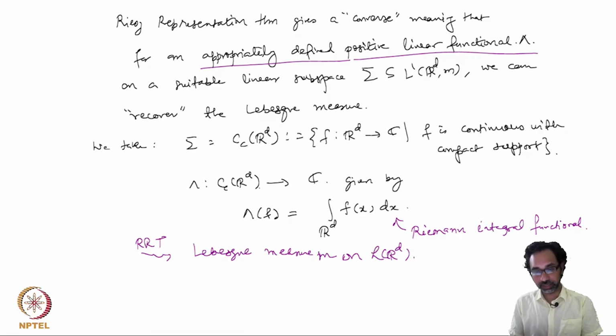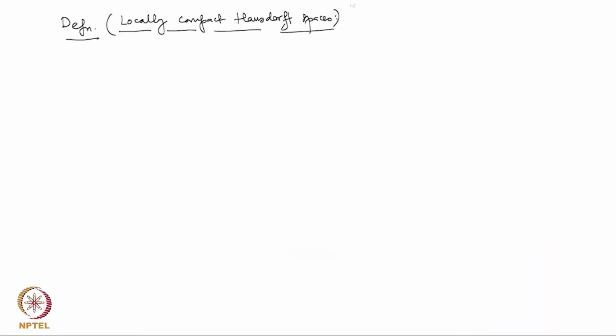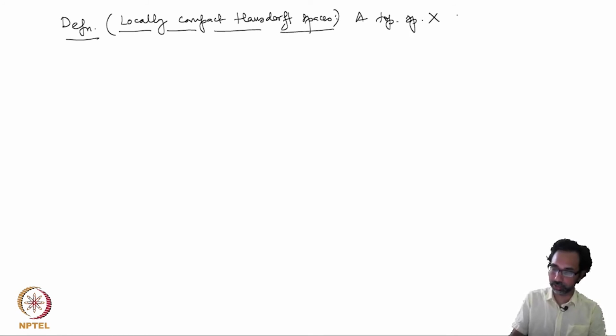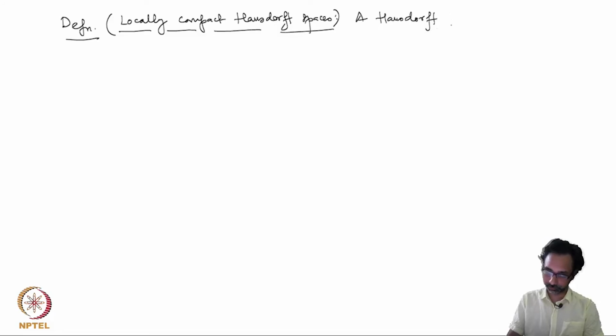So in fact the Riesz representation theorem works not only for Rd, it also works for any locally compact Hausdorff spaces. So let me recall what locally compact Hausdorff spaces are. The definition is as follows. A topological space X, let's say we should already assume Hausdorff because this is something you know already.